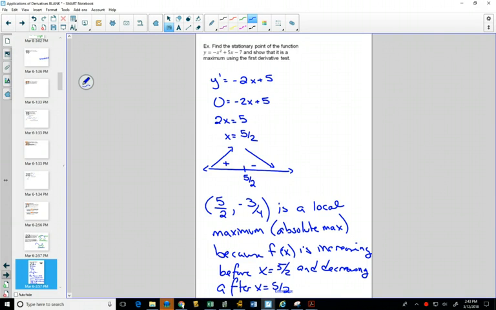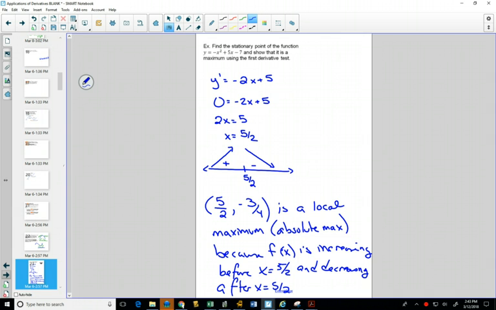So the fact that our function is increasing before, decreasing after, tells us that that is a local maximum. In this case, it's an absolute maximum because it's a parabola going down. But that's how we use our first derivative test.